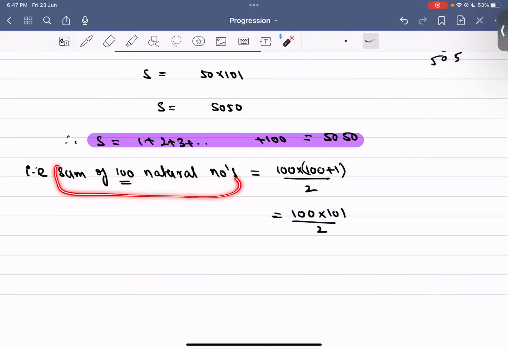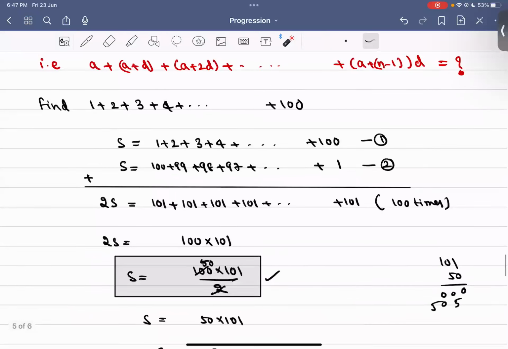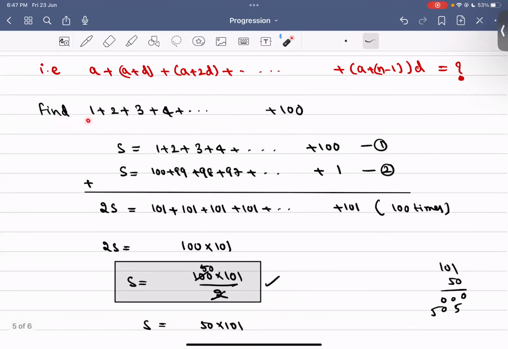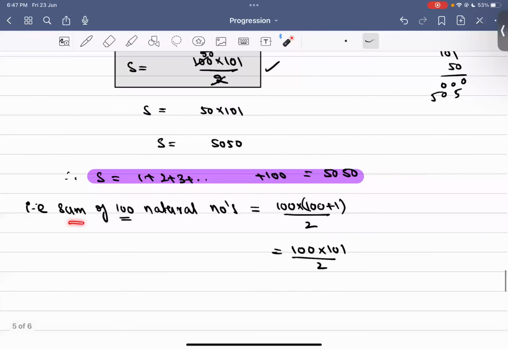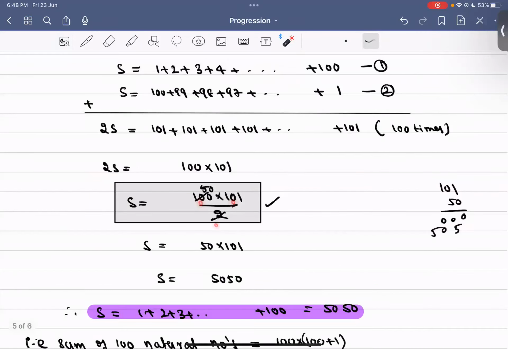Can you write this question? Find the sum 1 plus 2 plus 3 plus etc. up to 100. It is the same as the sum of 100 natural numbers, or not? Yes. The sum of 100 natural numbers is 100 into 101 by 2.